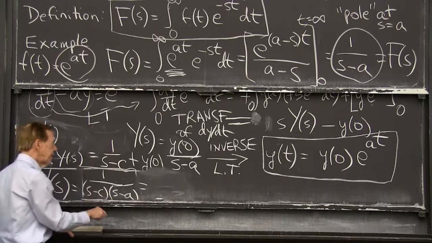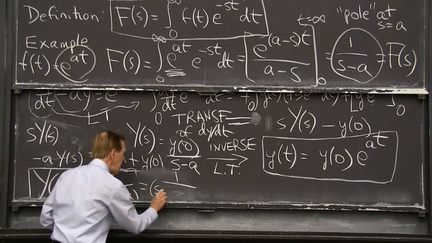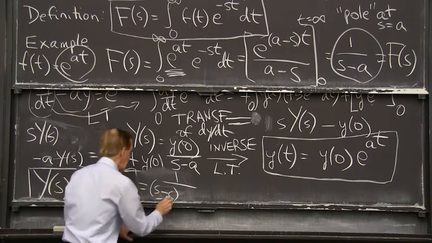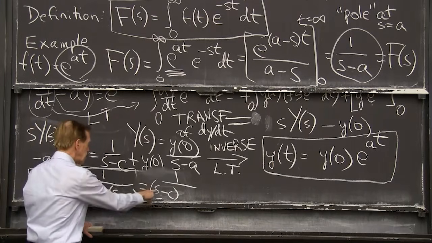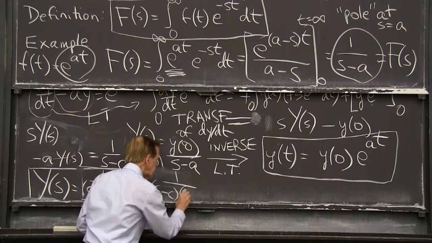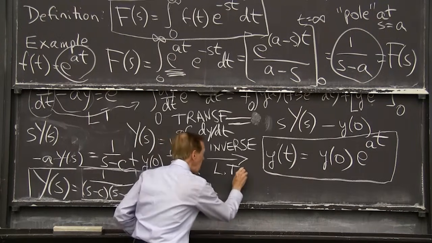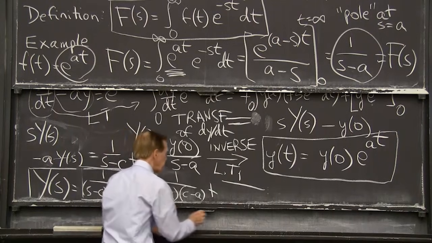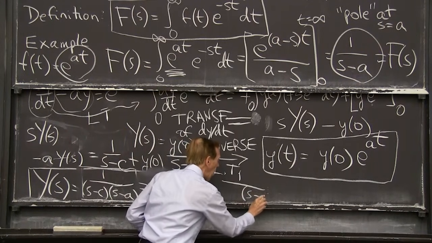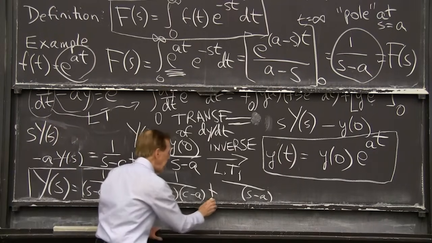I just want to write that as 1 over s minus c. It turns out, look, there's a way to remember the answer. S minus c times c minus a, and 1 over s minus a, and now a minus c.